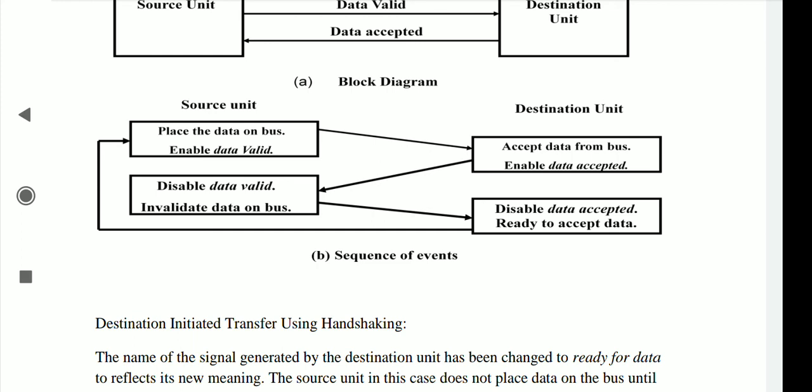After the destination unit has accepted and enabled the data, the source unit disables the request and the connection is established, and then the data is transferred. After the data is transferred, the source unit sends a signal to the destination unit to disable the data and mark it invalid on the bus, and this request is accepted by the destination unit.